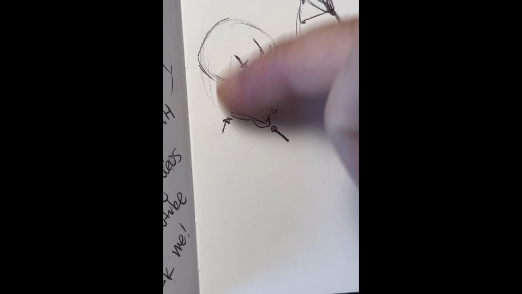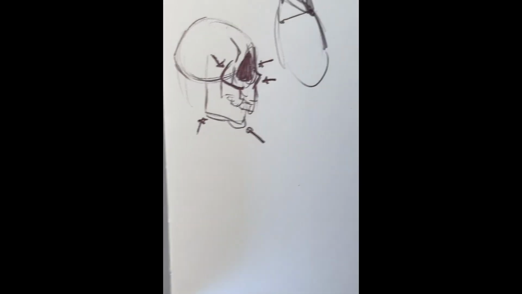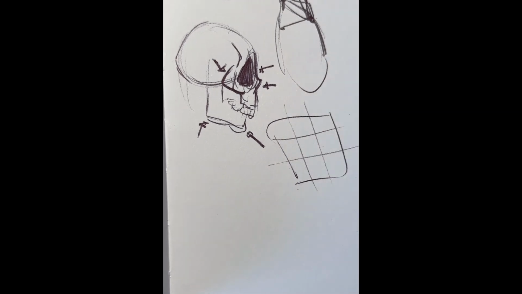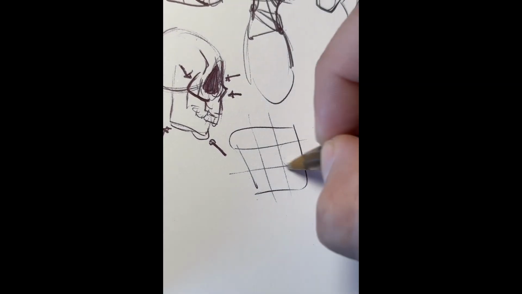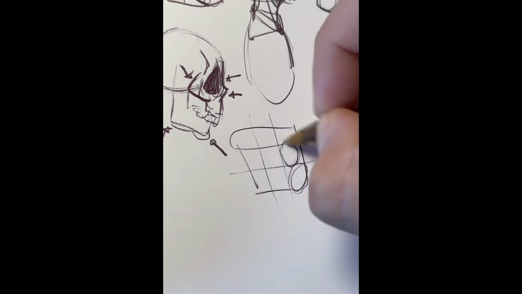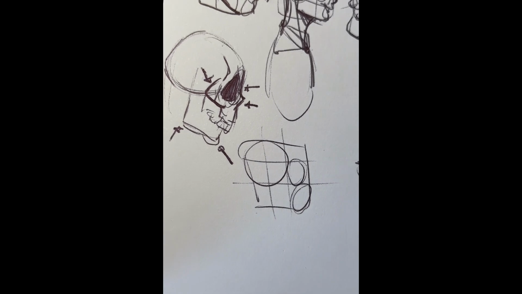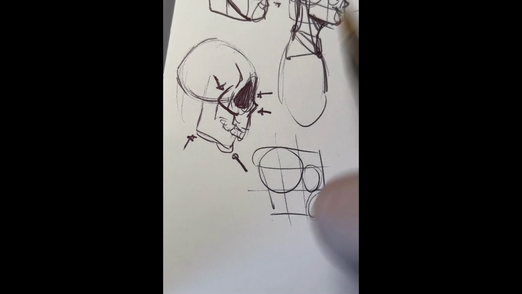Now, how do we find all those in a simple way of sketching? Well, I already taught you guys how to do that. Circle, circle, circle. By doing that, you have access to all that information really quickly.